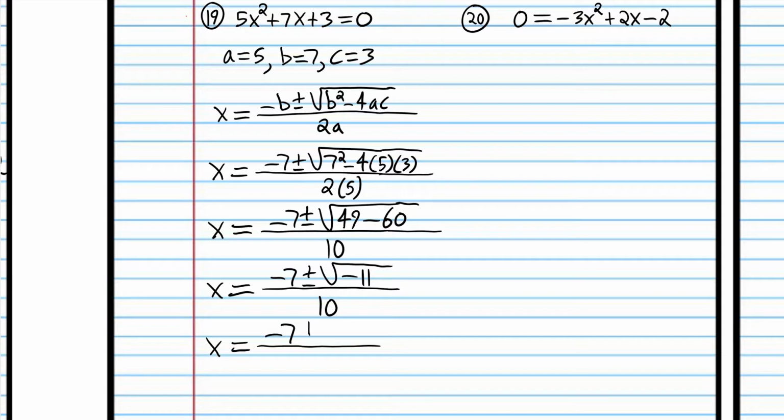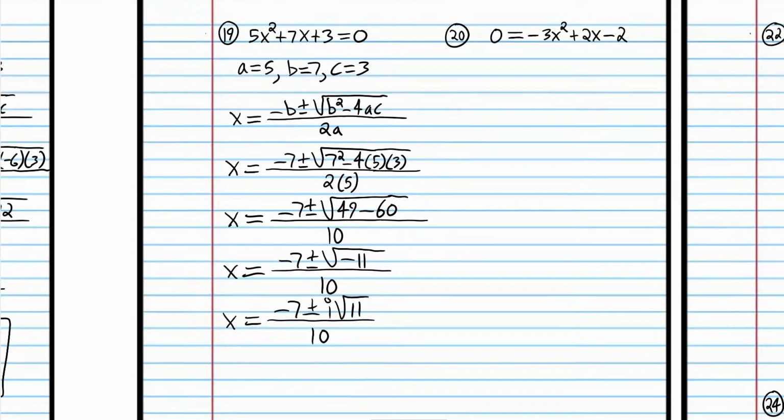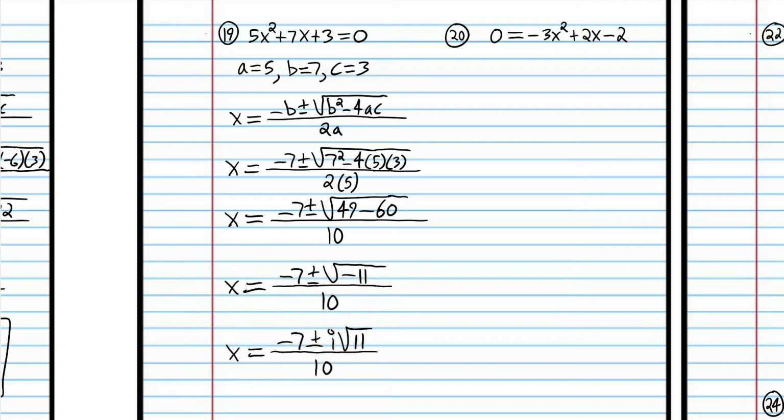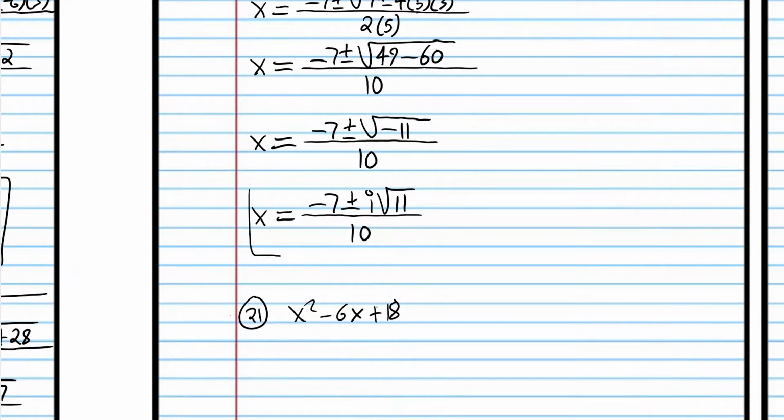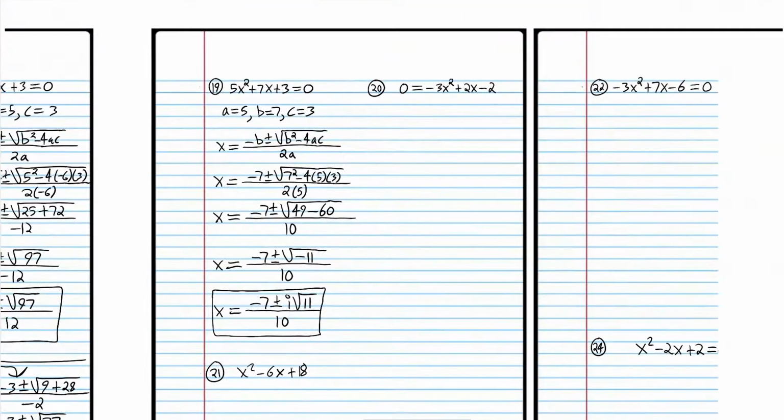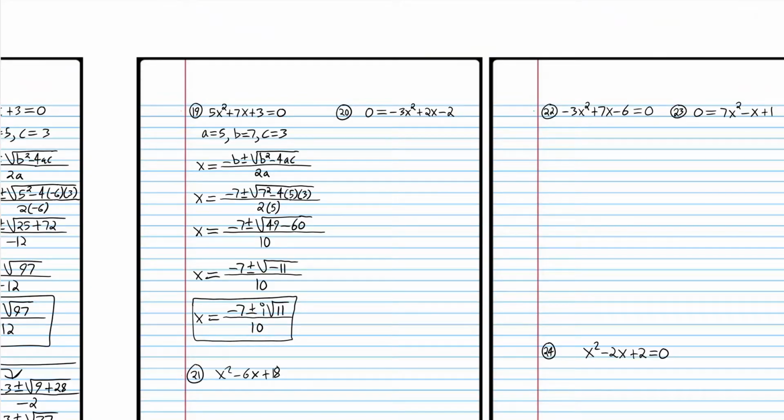And remember, a negative can just come out as an i. And that's as far as we can go. That's the simplified solution. I'm just going to move these down a little bit. So we'll rectangle that. And again, that's just an example where you have complex solutions.